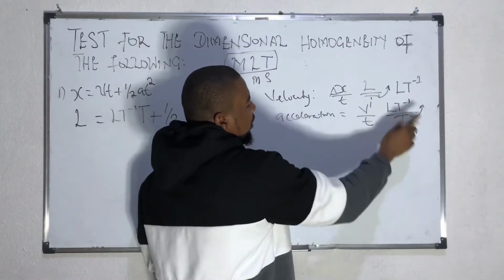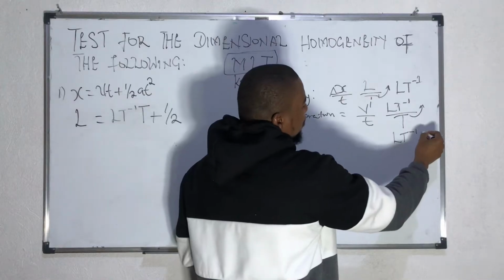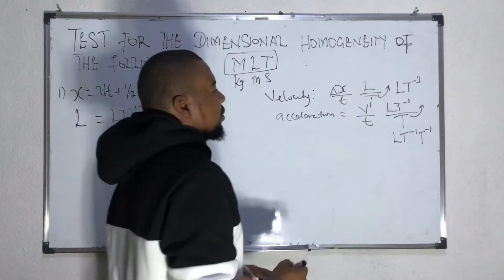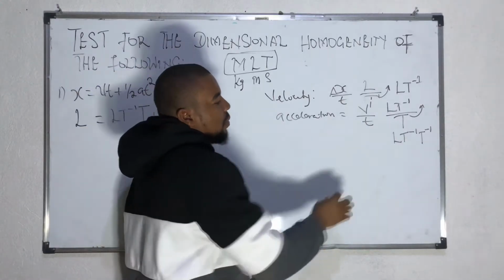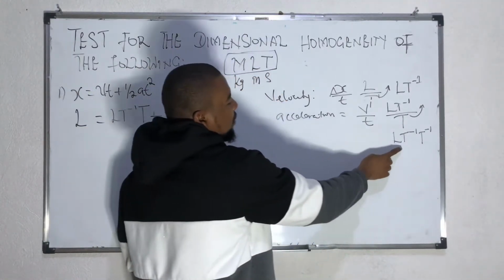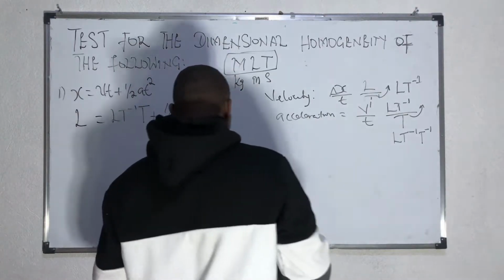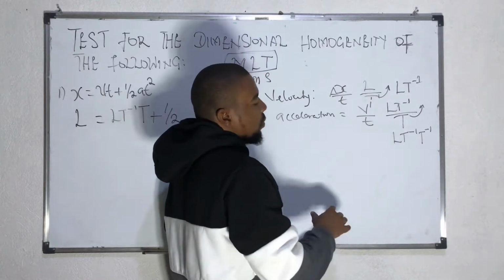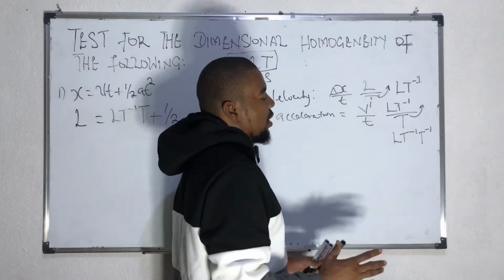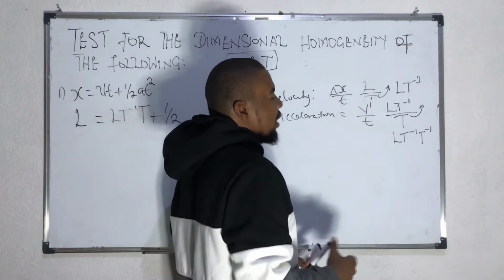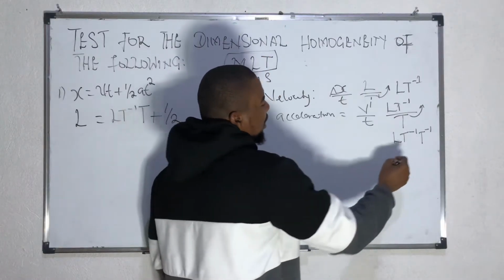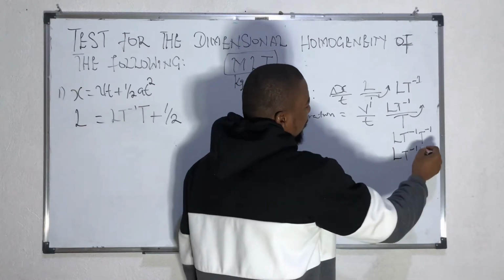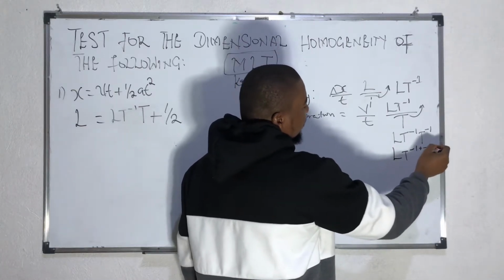This is the first T there. Now, this second T becomes T negative 1. And remember from the laws of exponents that these two are multiplying. The first T is multiplying the second T. If you have two like bases that are multiplying each other, you can add their powers. So here we have L T to the power negative 1 plus negative 1.